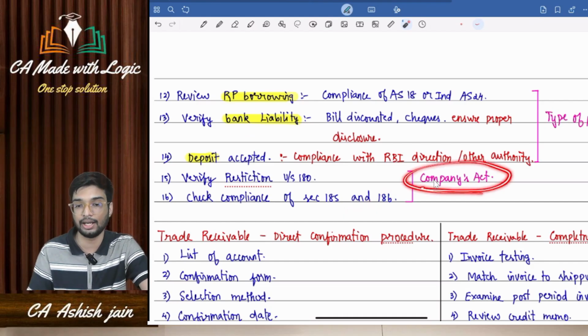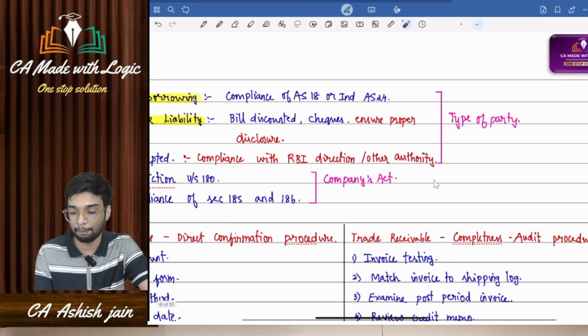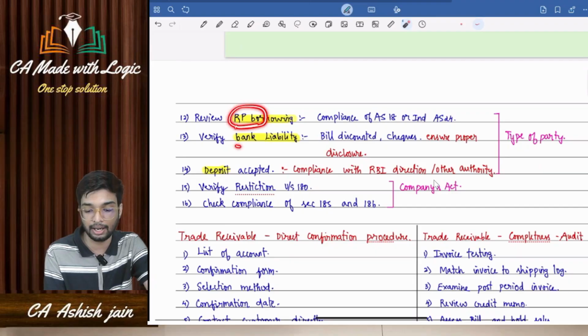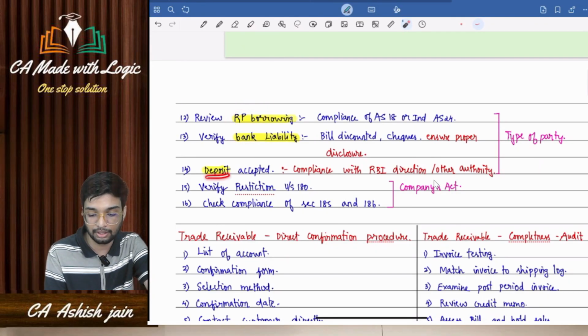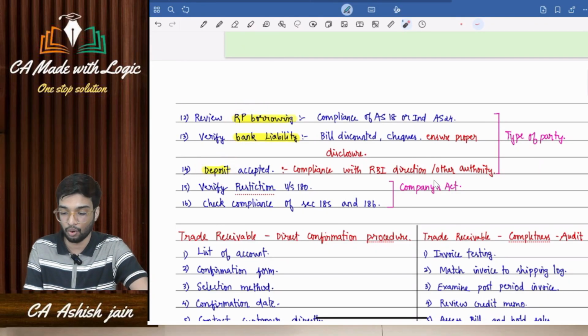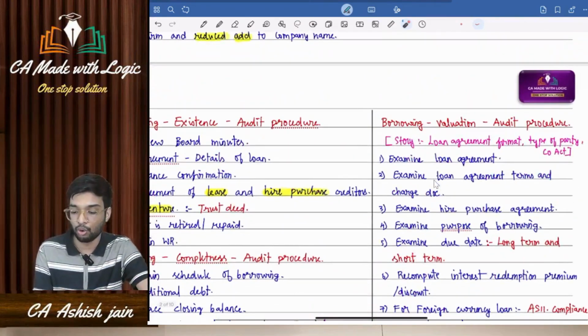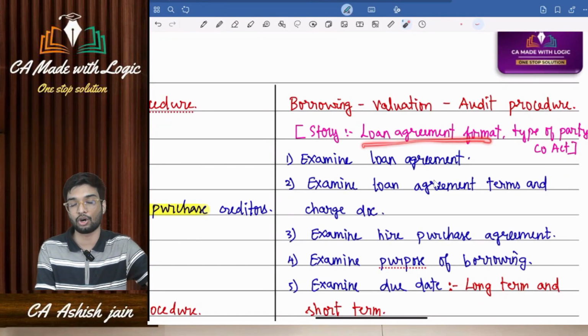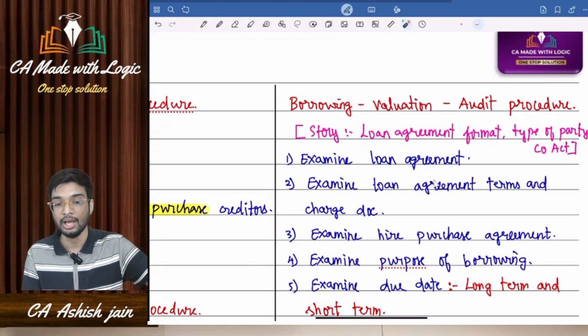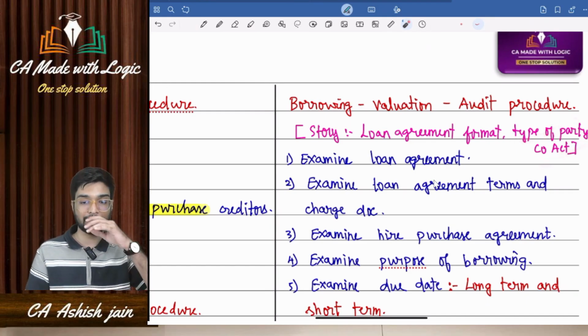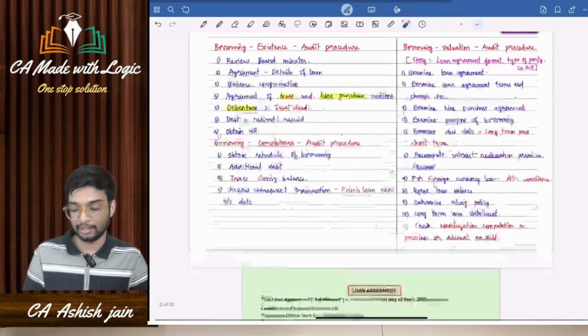So these two points are related to the Companies Act, and these three points are related to types of party: one is related party, another is bank, and the third is deposit from the public. This is how I have created the memory technique. For the loan agreement format, you have to remember what things it includes that the auditor has to examine. Then types of parties and Companies Act related points, you have to write in the examination.